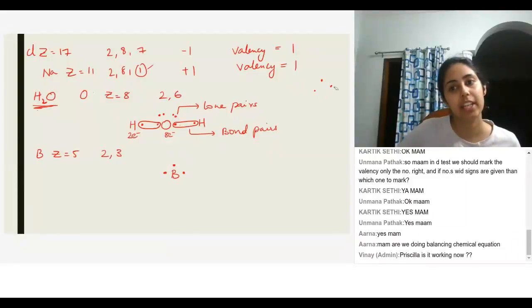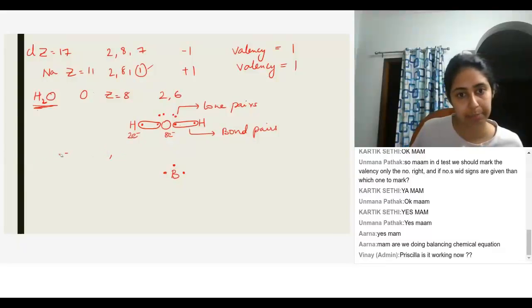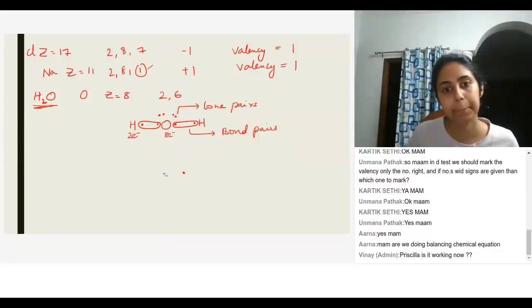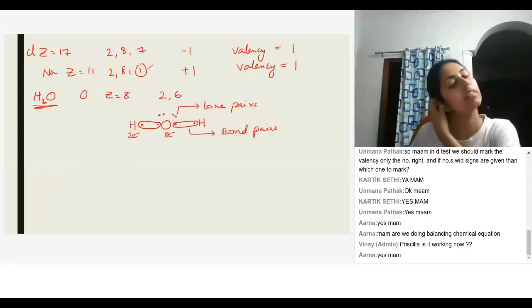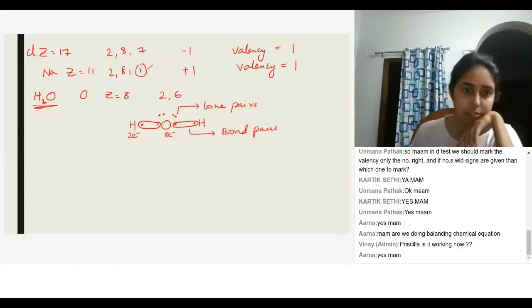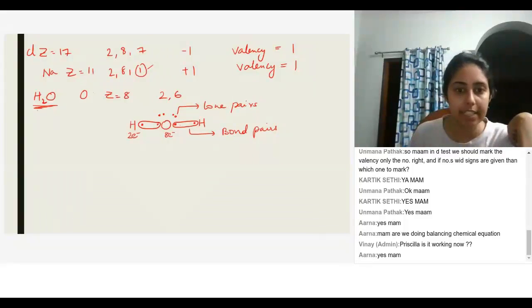So you understood, right? Ma'am, does it mean that in covalent bonds both atoms become noble gas-like, but in ionic bonds only one can be stable, the other one has already taken? No. In an ionic bond also both will be stable. Let me show you.